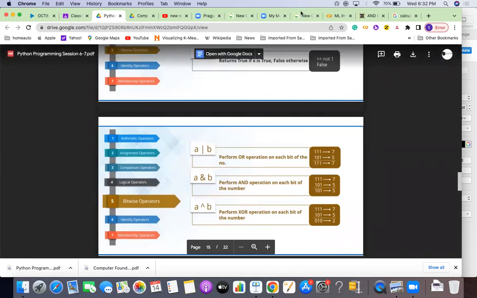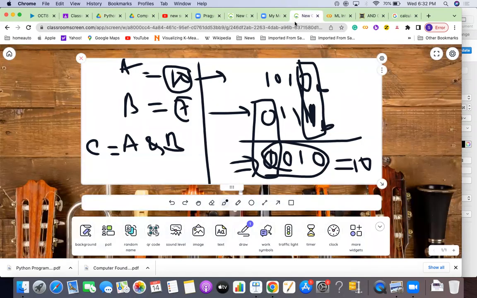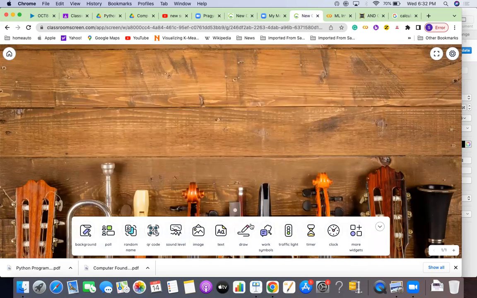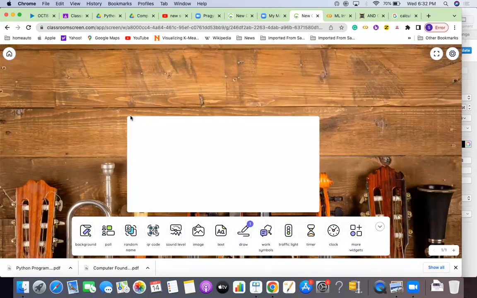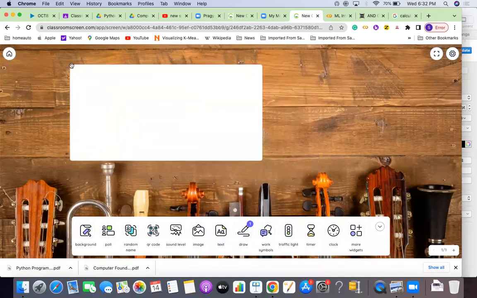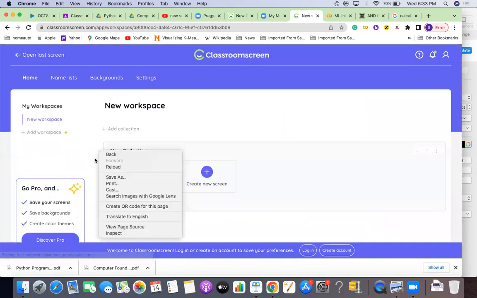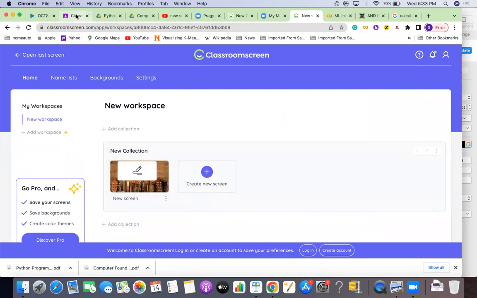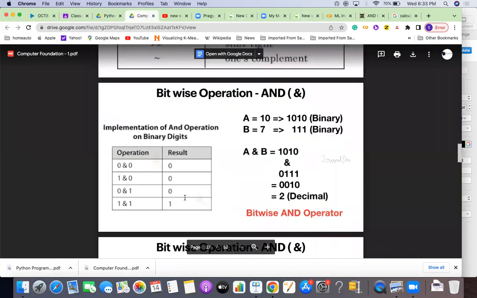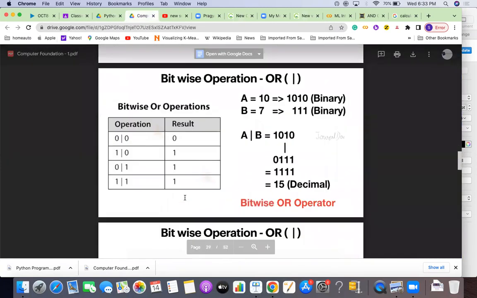Fine. So what is XOR? Take 0 and 1. What will be the result? What is XOR actually? Complementary, correct? You know XOR or not? Yes, sir.